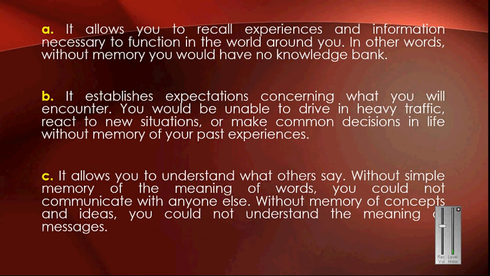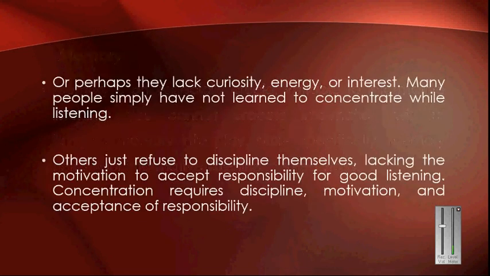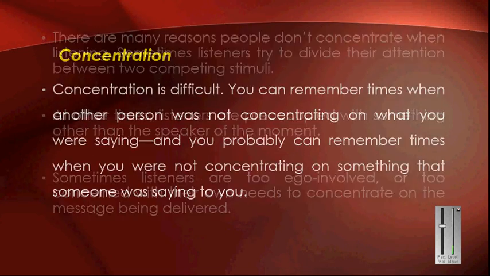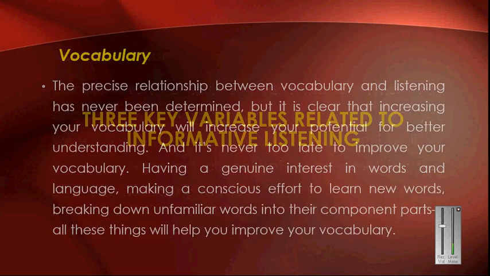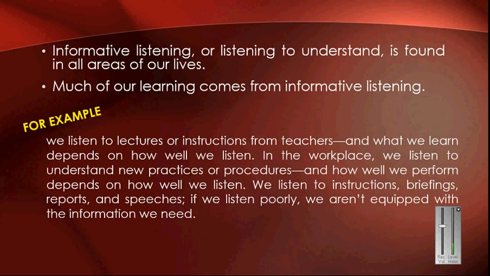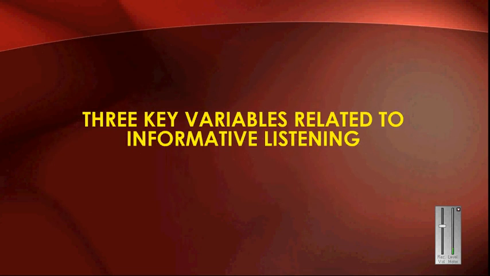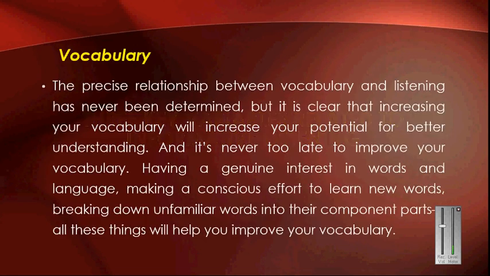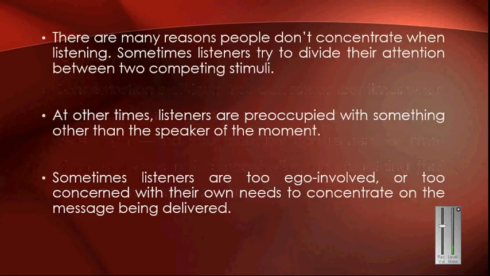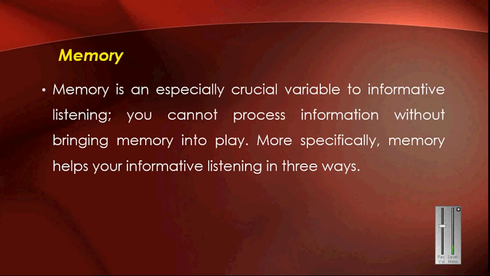Okay? Right. So again, informative listening, its primary concern is to understand the whole message. We have three variables, which are vocabulary, concentration, and memory. I hope you better understand what I taught you for today.